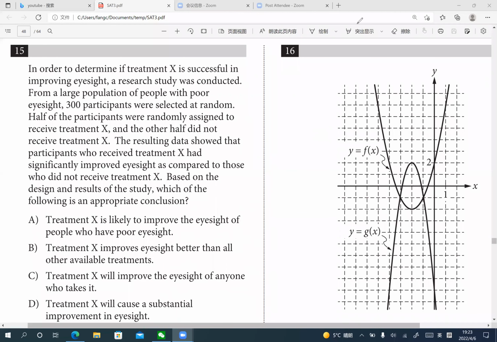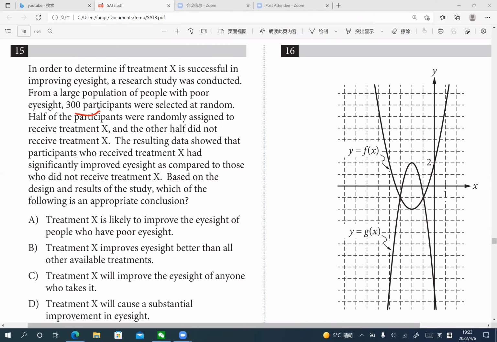Question 15. In order to determine if treatment X is successful in improving eyesight, a research study was conducted. From a large population of people with poor eyesight, 300 participants were selected at random. Half of the participants were randomly assigned to receive treatment X, and the other half did not.